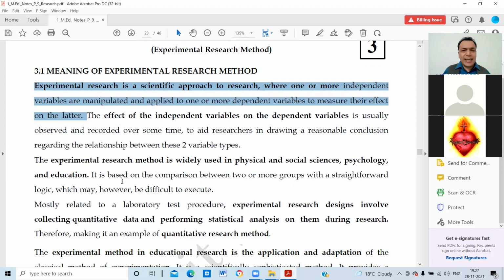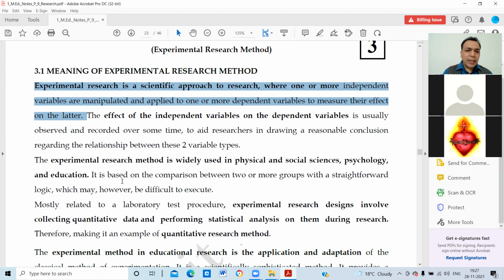In simple language, you have to understand that under experimental research, we study the cause and effect relationship. What was the cause of that and what was the effect of that? Technically, they use the words independent variables and dependent variables.